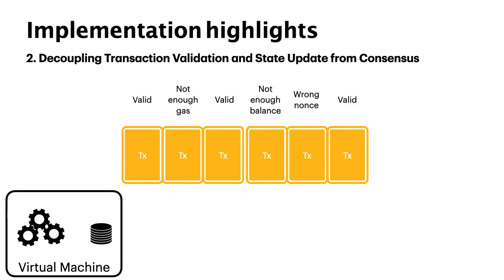The virtual machine runs the transactions one by one, and whenever it encounters an invalid transaction, it just skips this invalid transaction and continues to the next transaction. In this way, invalid transactions are removed from the ledger, which keeps the ledger valid and also keeps the state in the database consistent. As you can see, the second, fourth, and fifth transactions in this list are just skipped and removed from the ledger.